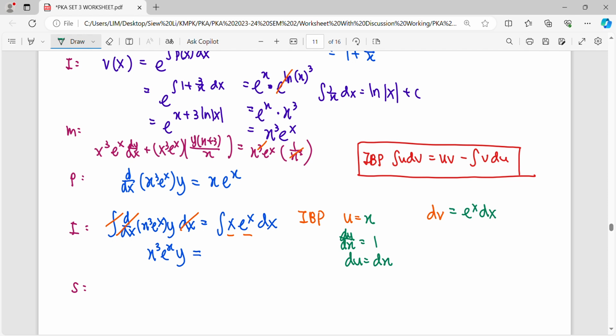Then how do we get v? We integrate dv, we get v. So integrate e^x, we get e^x. So integration by parts will give you u times v, so x times e^x, minus integrate v du, that is e^x dx.